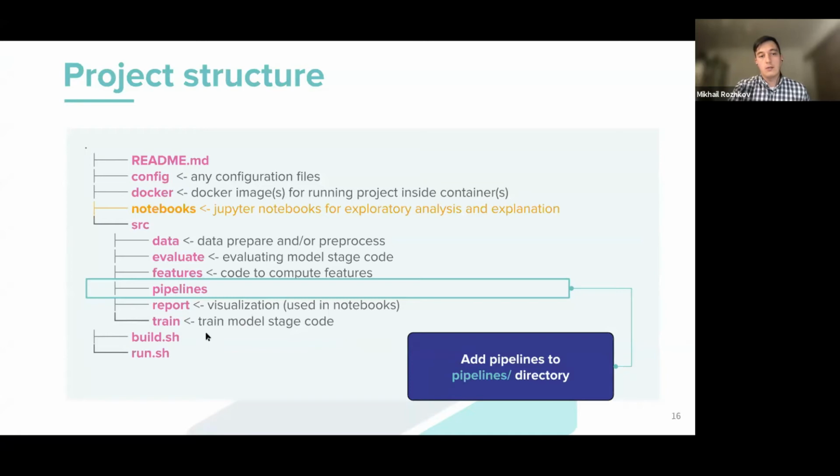And for our example, we'll put all the stages in the src/pipelines directory. It's also a custom name. You can name it stages, but usually I put it into the pipelines folder.